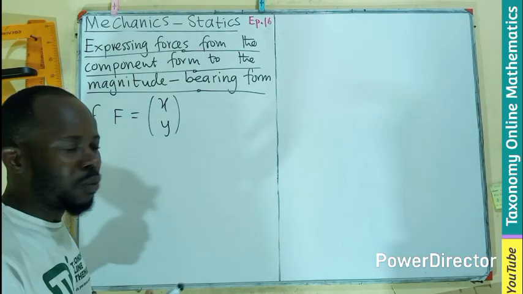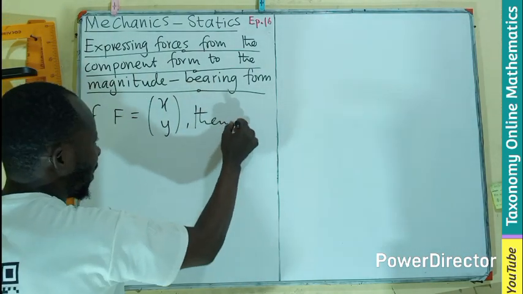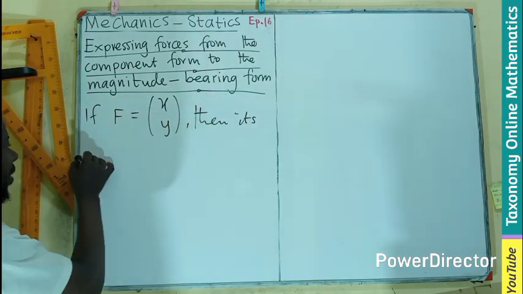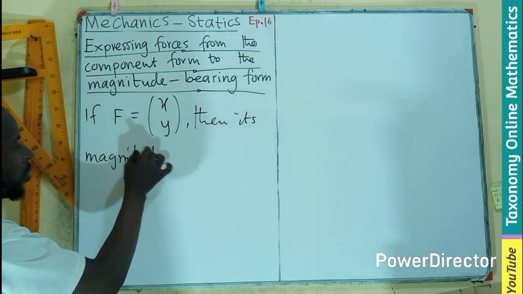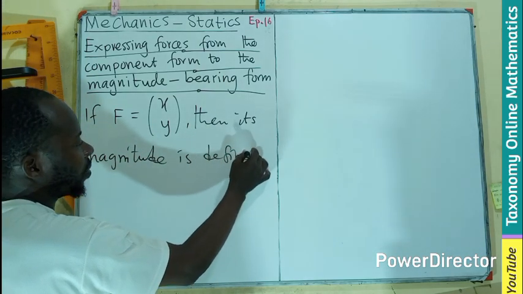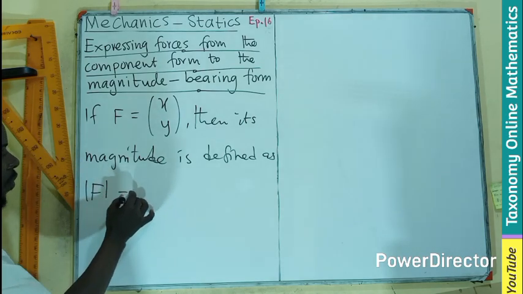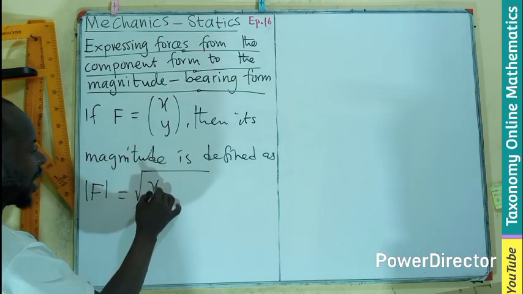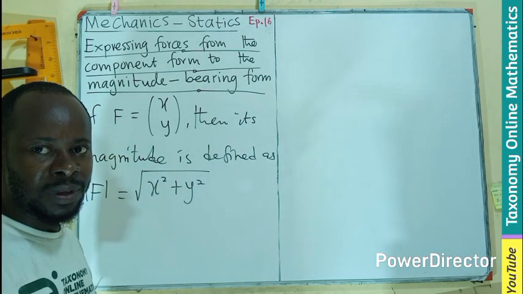Then its magnitude is defined as the magnitude of the force equals the square root of the x component square plus what? Y component square. That's the magnitude.